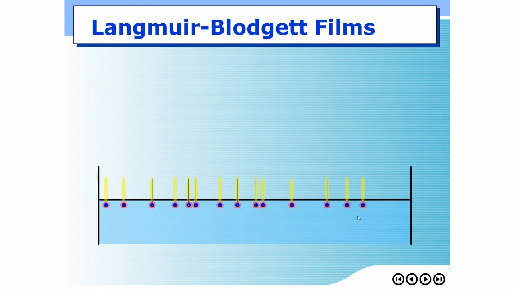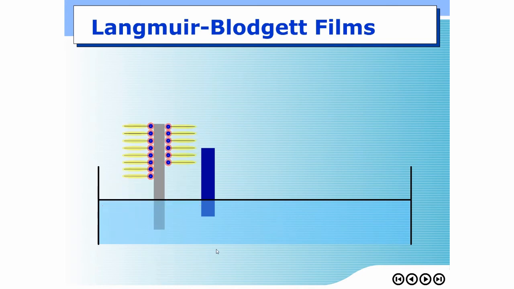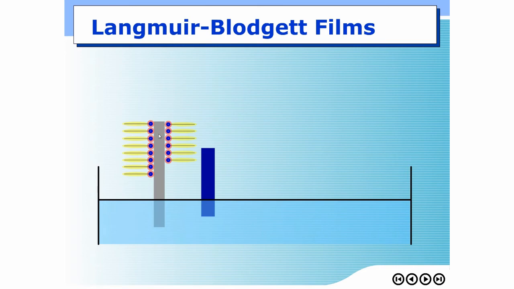So if I have a blade like this and I push these surfactant molecules together, you can form somewhat of a dense layer of surfactant film. If I have a substrate underneath this water and I pull this substrate up, and my substrate is polar and of opposite charge to the head of these surfactant molecules, there will be interaction between the head part of your surfactant molecules and my substrate.